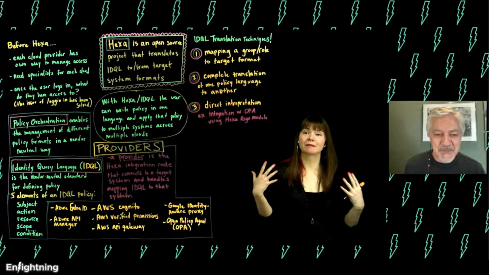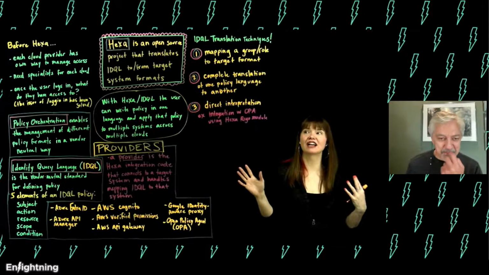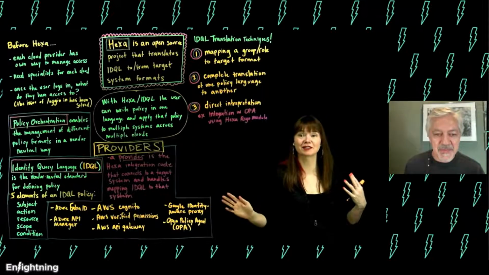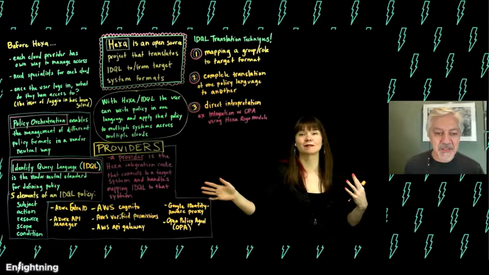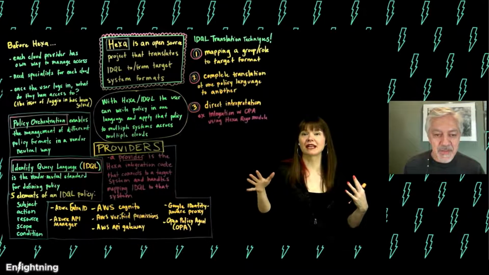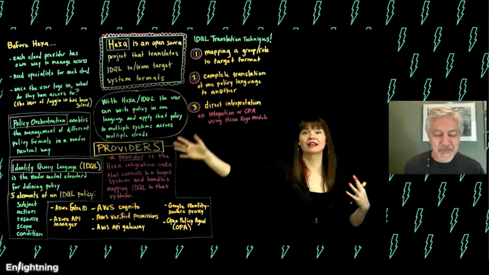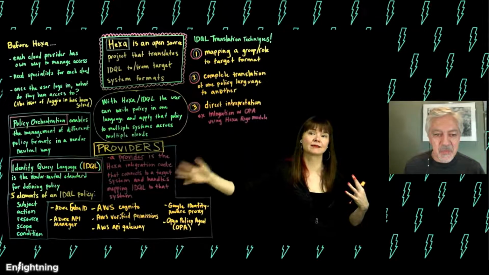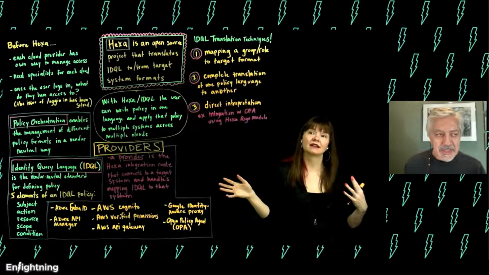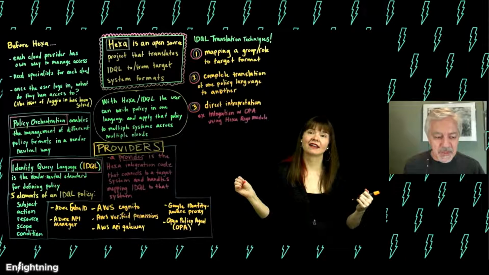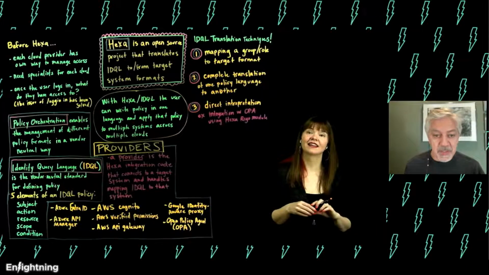My limitation in my understanding is that I just know OPA does other systems besides Kubernetes, and I don't know what other systems OPA does. So what you're teaching me now is that Hexa and IDQL can do more systems than what OPA can. Yeah, OPA can be used for enforcing access rules for many other kinds of applications.